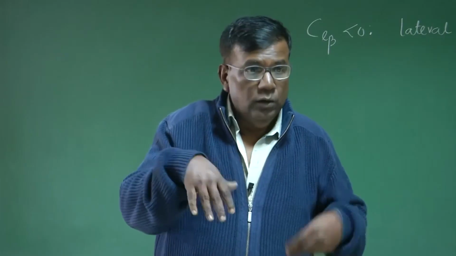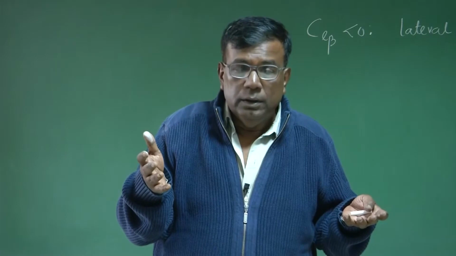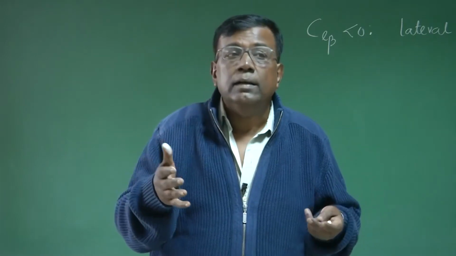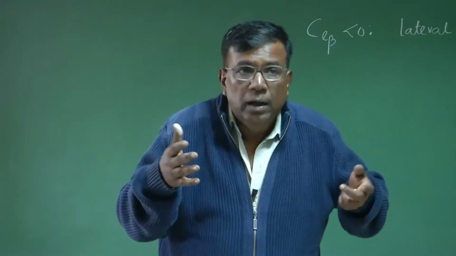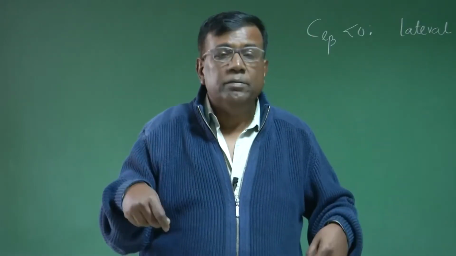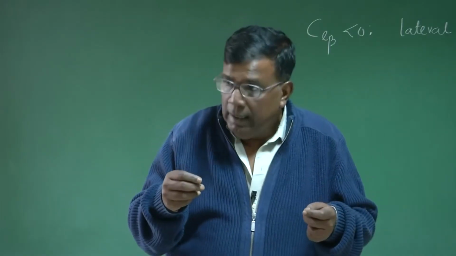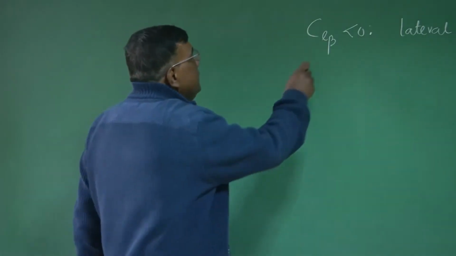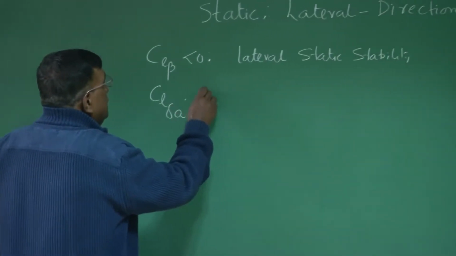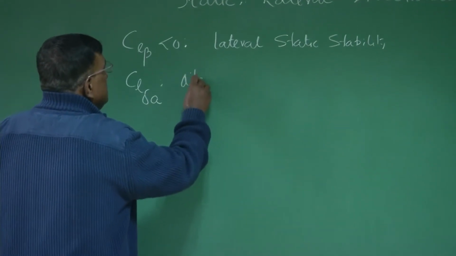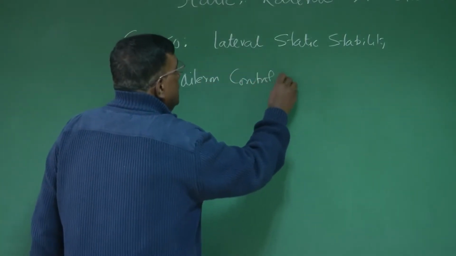Which control surface should I deflect? It is the aileron. The next question is, how much rolling moment will be produced per unit deflection of aileron? That derivative is known as C_L delta A. This is called the aileron control derivative.